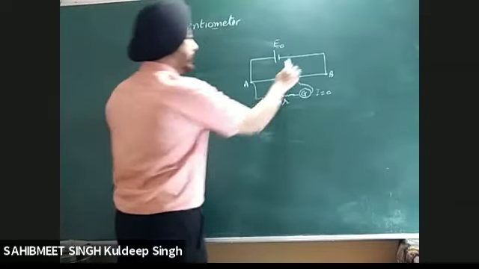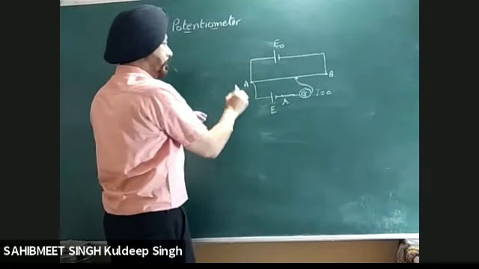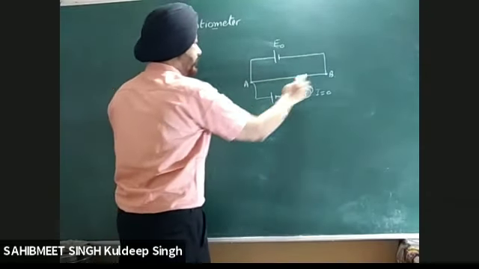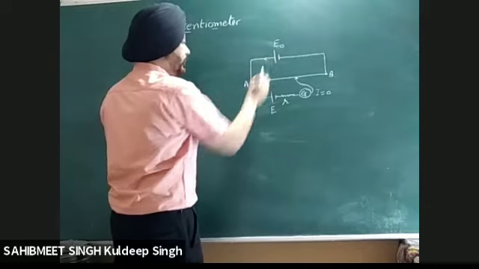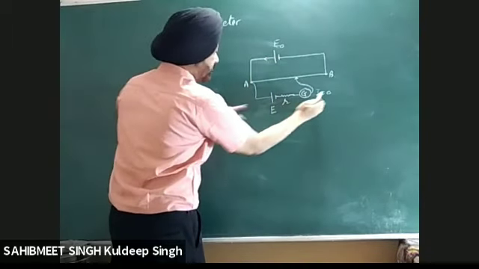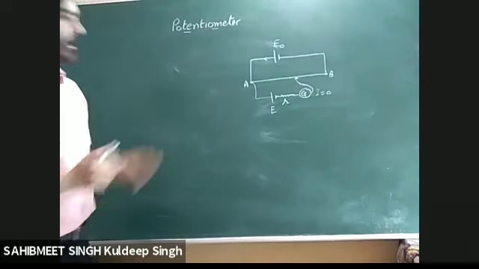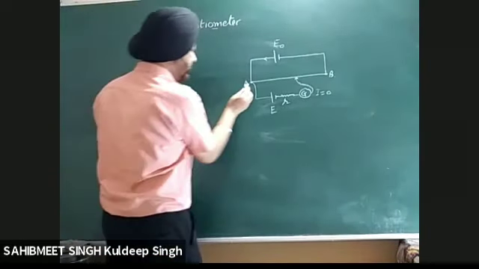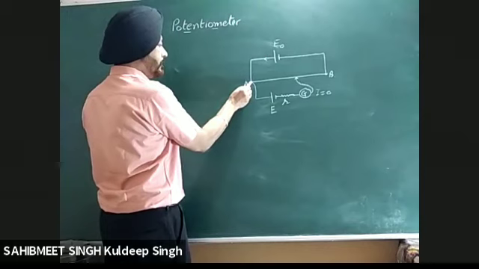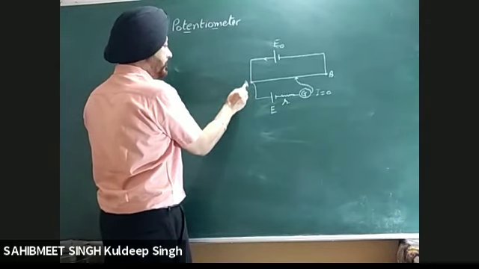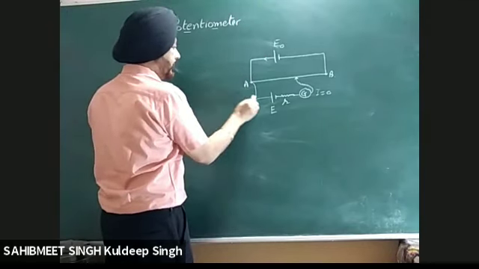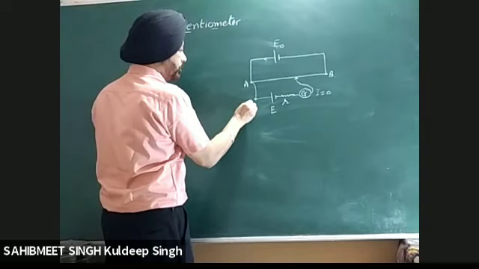But remember, current through this wire is not zero. Current is going this way, positive to negative terminal. But current in this circuit is zero, balanced. Now, what is happening at this point? Let us say this point is A and its potential is VA, then the same potential will go to this point.